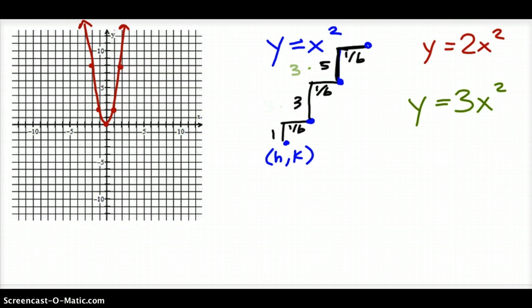So I would start here at the origin, and I would go up 3 over 1. And then the next one, instead of going up 6, 3 times 3 is 9, so I'd go up 9 over 1. And then I'd be able to connect my dots.